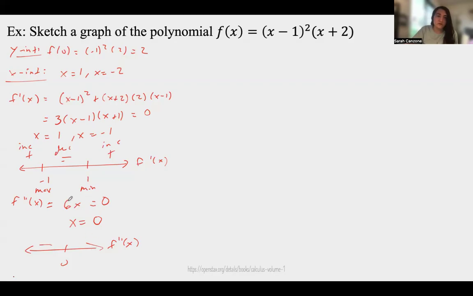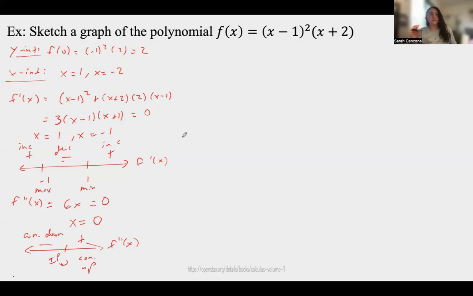You plug in +1, positive times positive is positive. That was probably the easiest plugin you'll ever have. So what this tells us, the second derivative is concavity. So this is concave down, and plus tells us concave up. Because we do switch concavity at 0, this is an inflection point. So you will see the change in concavity on your graph.